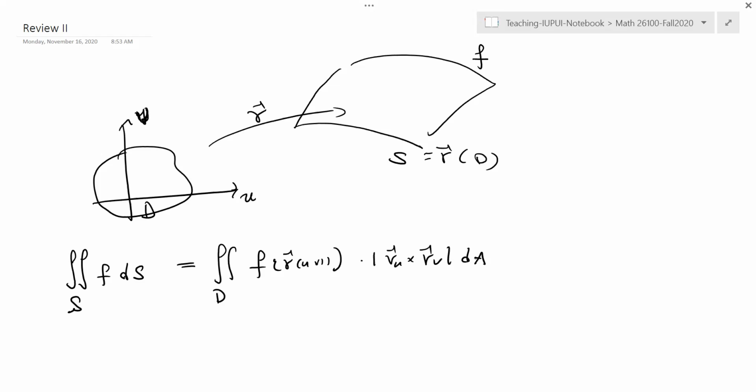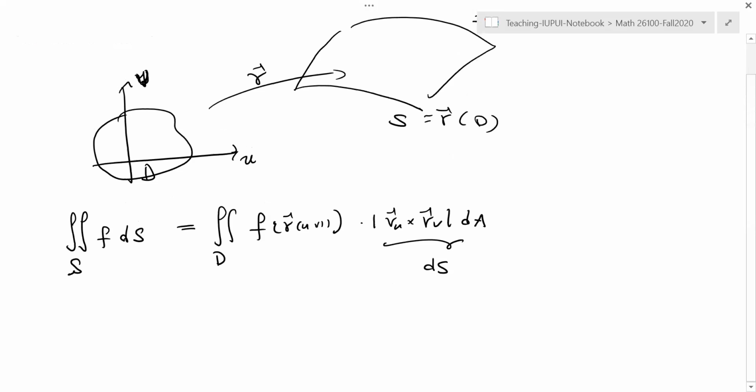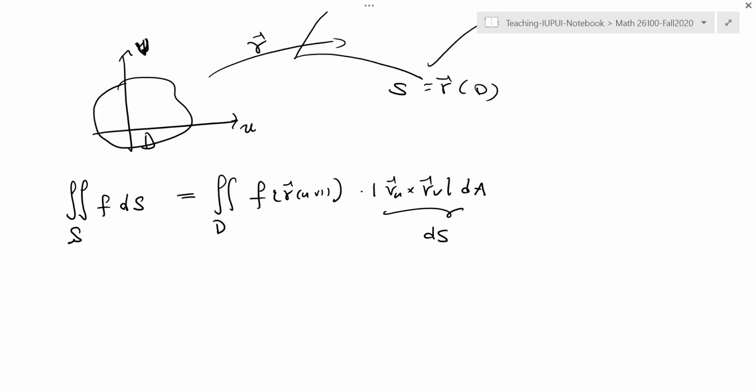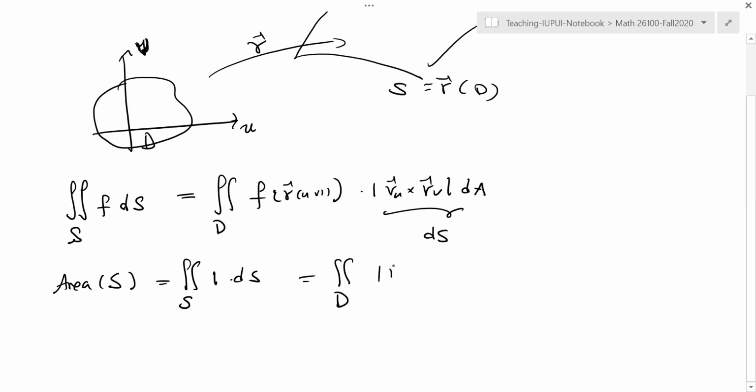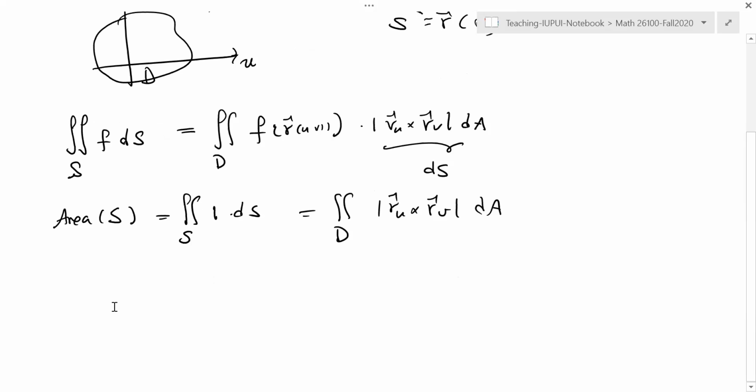This is an area, we call the area element. So that is a formula. In particular, the area of S is just the integral of the function 1, so this is just the double integral of dS.